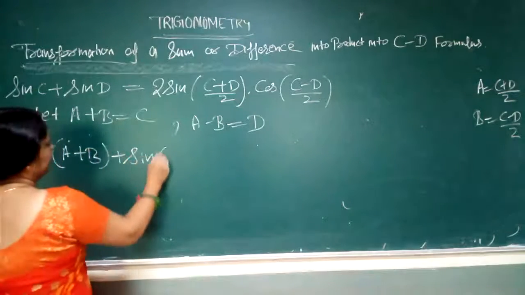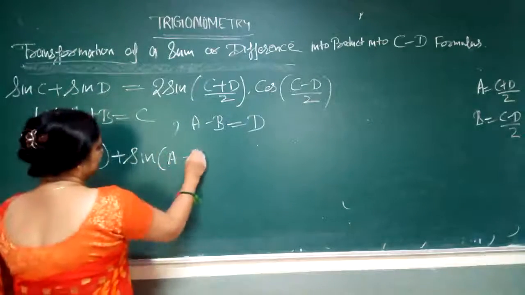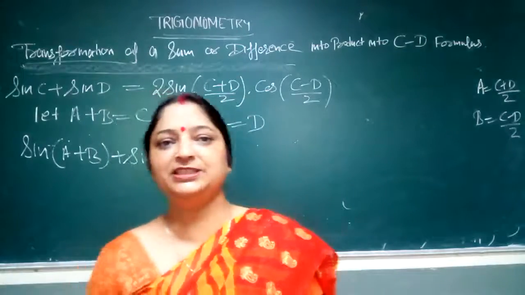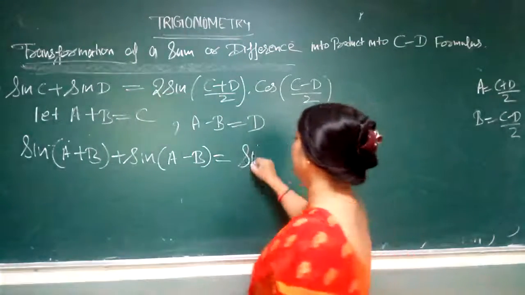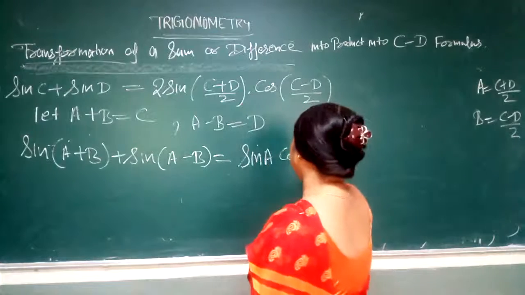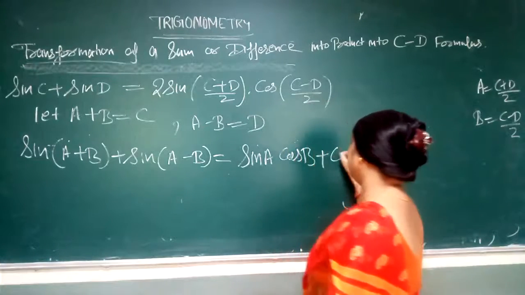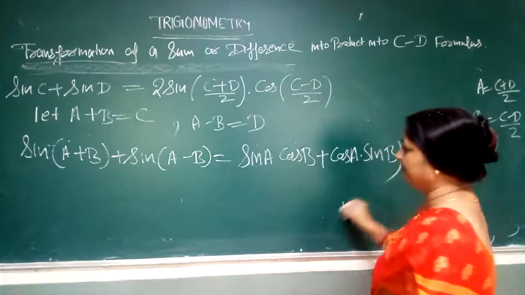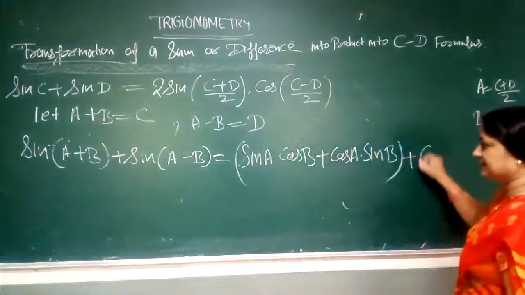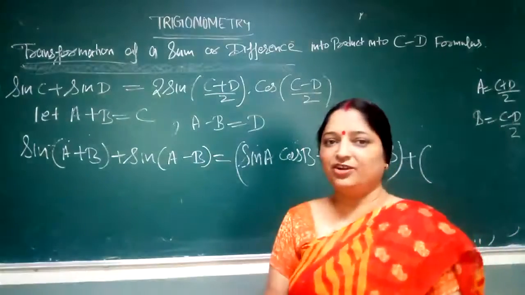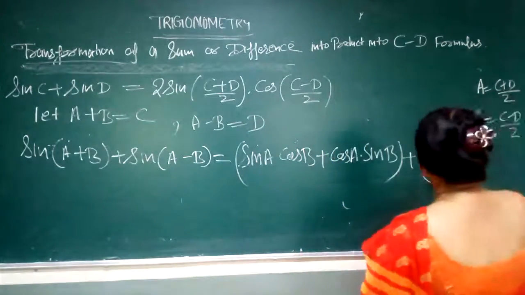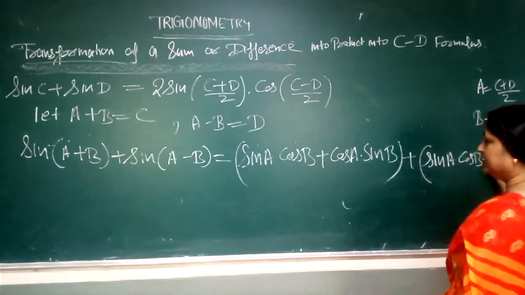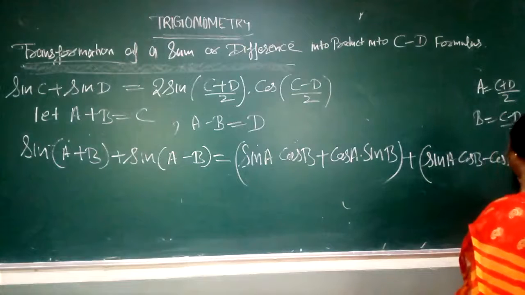In the place of D, we can write A minus B. Now students, you know the formula of sin (A plus B): sin A into cos B plus cos A into sin B, plus sin (A minus B). You know this formula by the memory trick: sin A into cos B minus cos A into sin B.